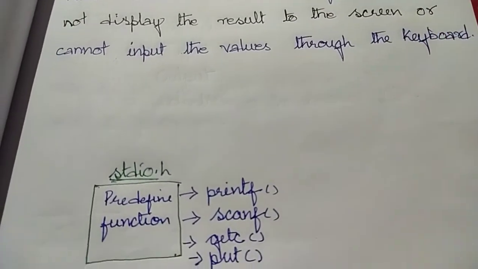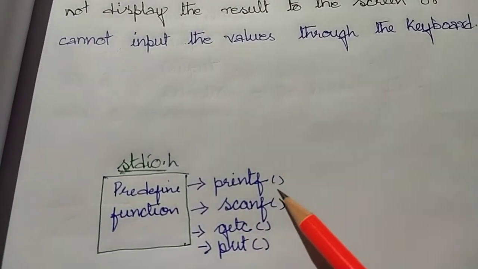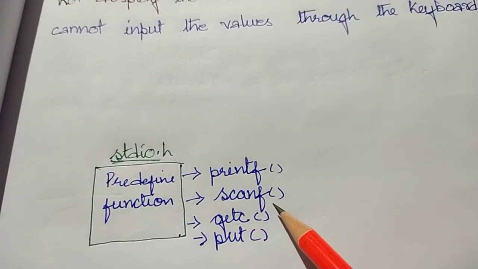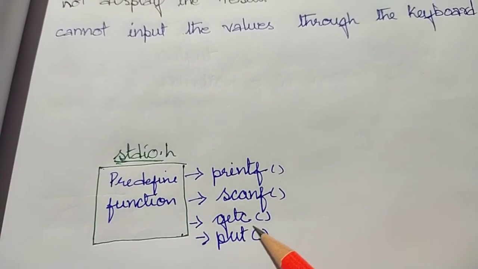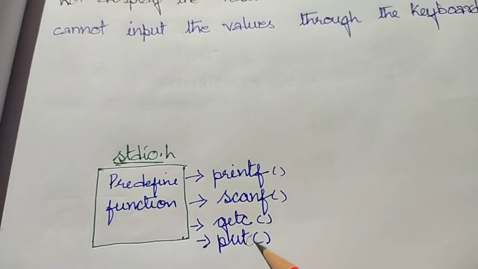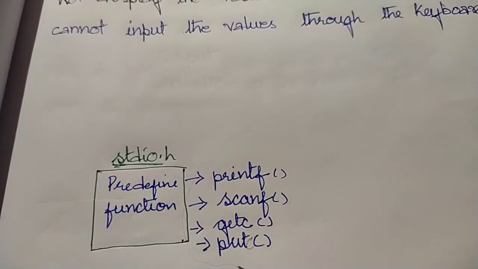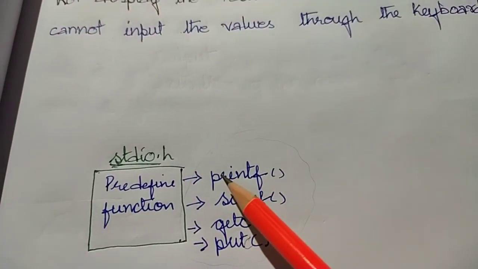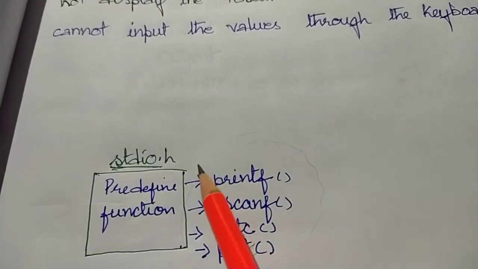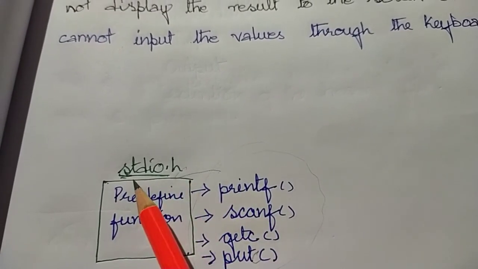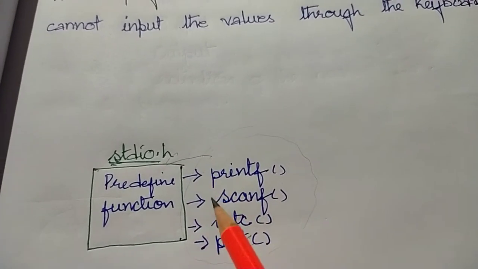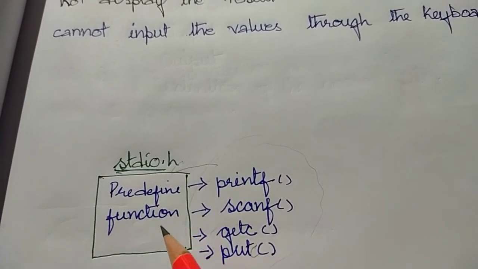For example, if you want to use printf to display your output, or you use scanf to take the input from the keyboard, or you use getc function or putc function, remember these predefined functions which are already built inside the C library, they stay inside the header file stdio.h. Remember, these are known as predefined functions.